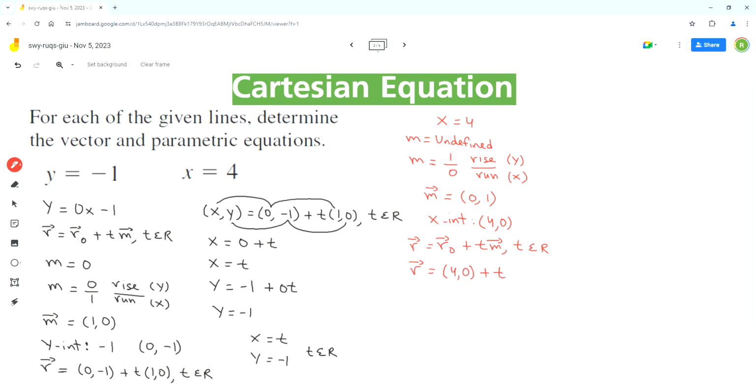And the direction vector is 0, 1. So this is the equation of the second line in vector form. Now we can write the parametric equations, and for that let's assume the position vector r represents point x, y on this line.